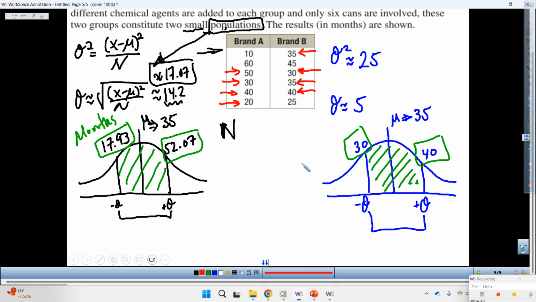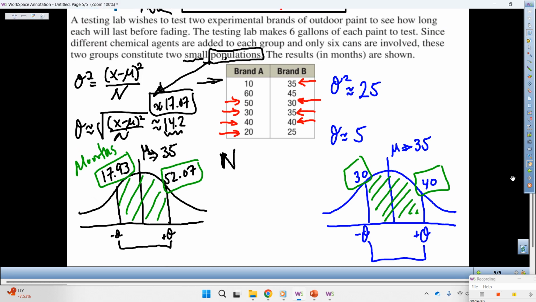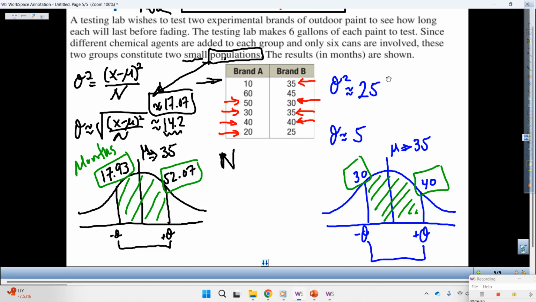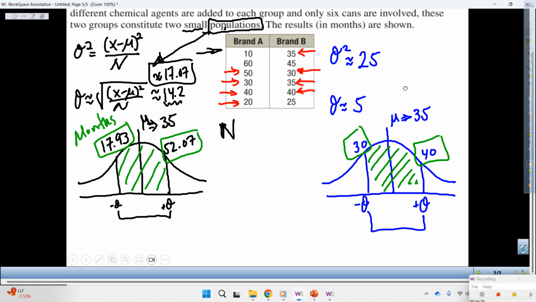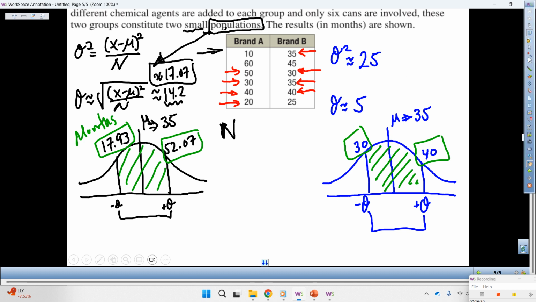All right. So once again, the context is this. A testing lab wishes to test 2 experimental brands of outdoor paint to see how long each will last before fading. The testing lab takes 6 gallons of each, there they are, and gives the data in months before fading. All right. Any observations? Let's see. Go with Rianne. An observation.